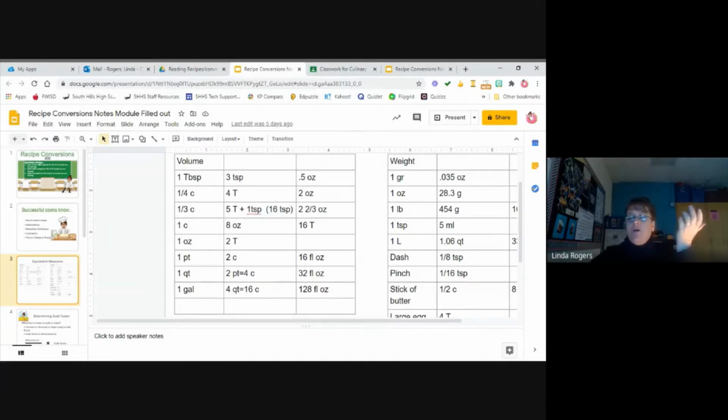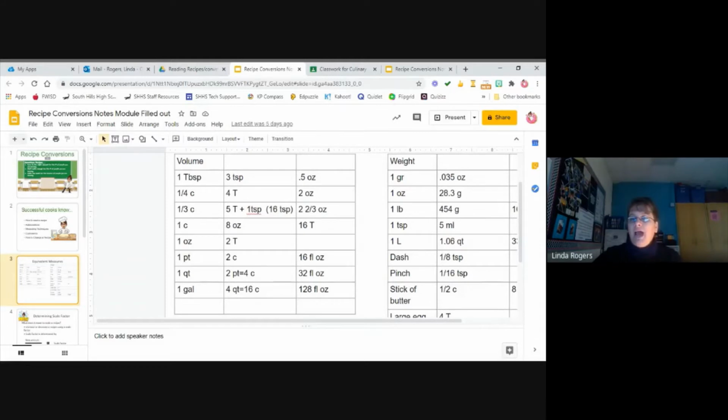You could say a half a tablespoon, but most of the time there is not a half tablespoon measure. Some measuring spoons have that, but most of them don't. Most of them have a tablespoon, a teaspoon, a half a teaspoon, and a fourth of a teaspoon. So it's easier to convert it to teaspoons, which is 3, and then divide it in half, which would give you 1.5 teaspoons.